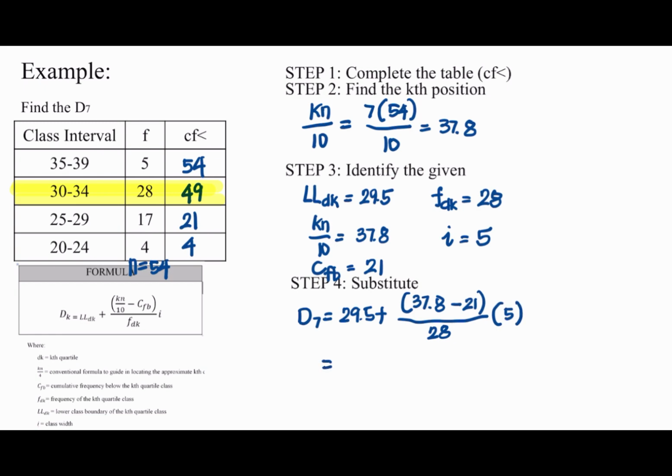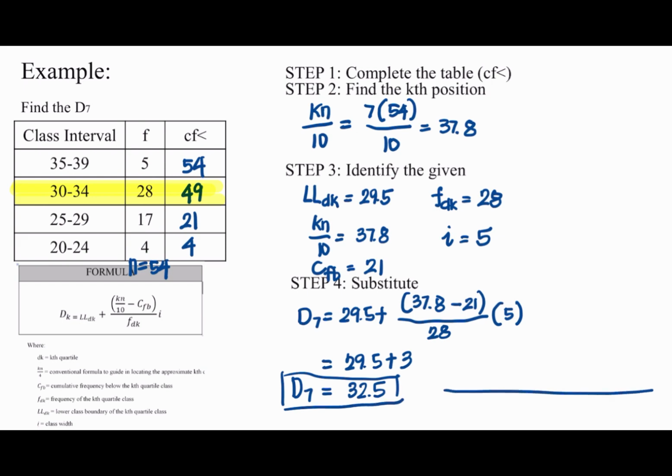So that would give you 29.5 plus 3 is 32.5. Therefore, that is your D sub 7.